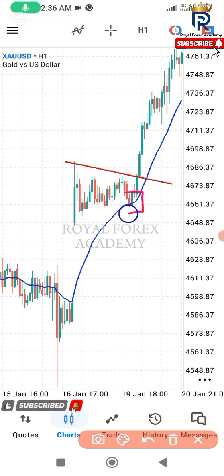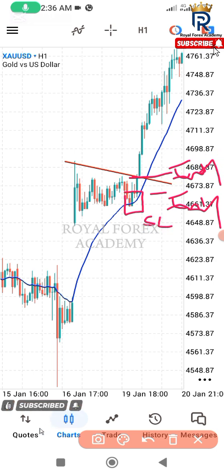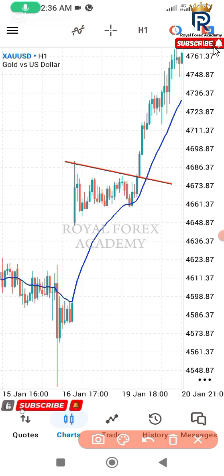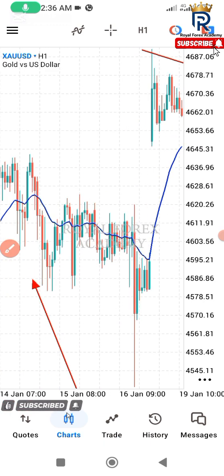You see this bullish engulfing candle, that is your entry if you are aggressive. If you are conservative, you wait for price to break above this trend line, and then that will be your entry. Your stop loss is always below the moving average.